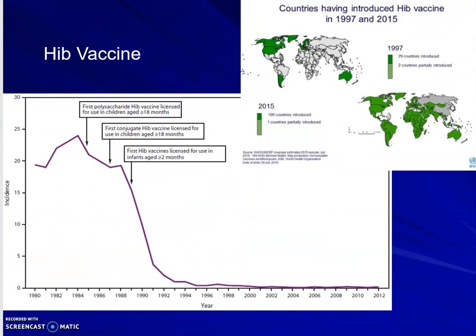And moving on to our very last slide here for this pathogen group number 6, sort of the epidemiological data here associated with Hib vaccine. Very successful vaccination program that became available here in the 1980s first, and it led to the immediate decline of cases of Haemophilus influenzae. And so countries having introduced the Hib vaccine in 1997 and in 2015, and you can see the very strong success of this vaccine.